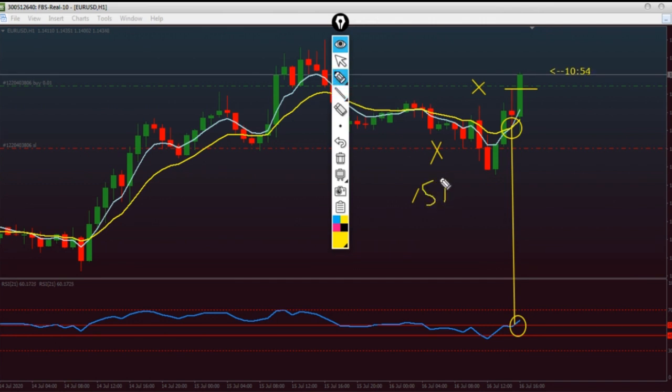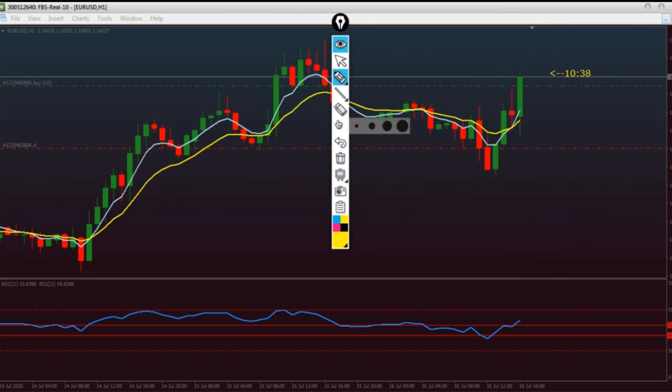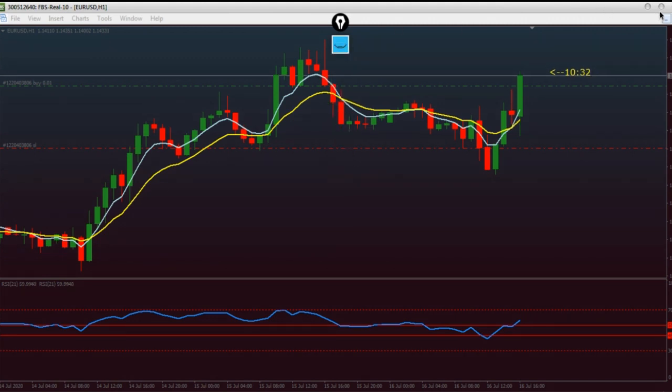And as you see, the stop here, multiplied by 3. That means the number of stop you do depends on your language, X multiplied by 3.